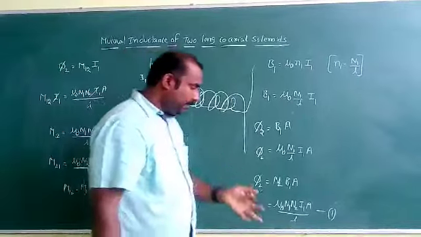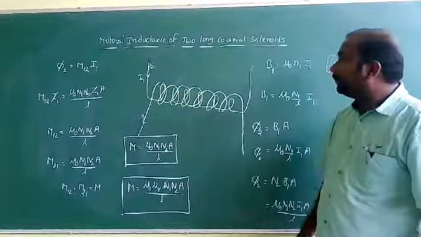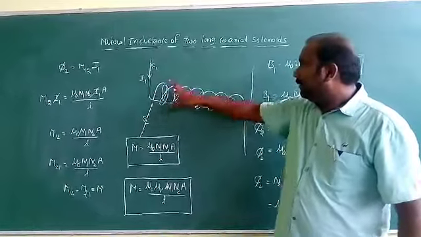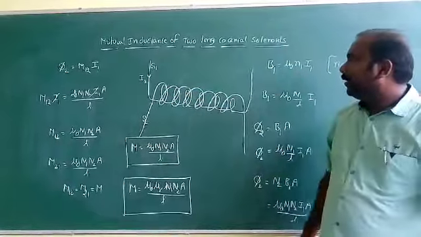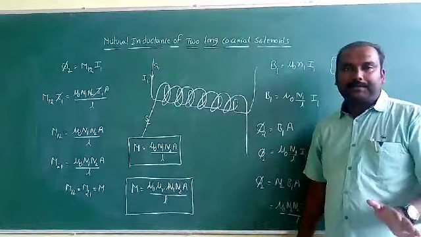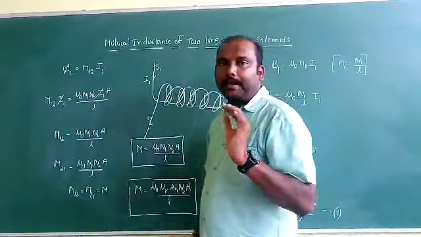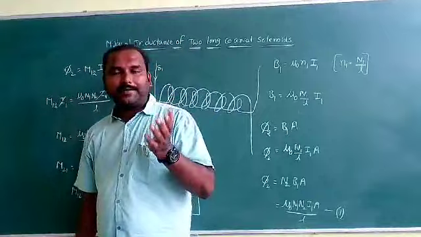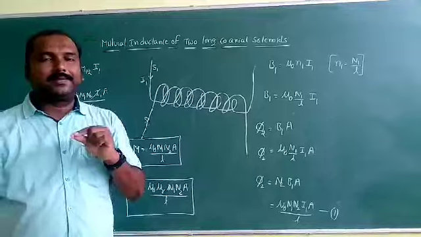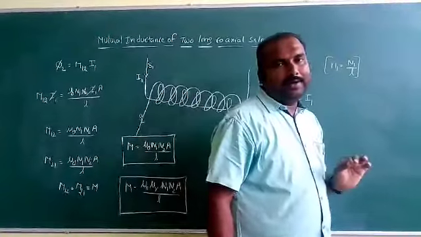Once again, all of you see the explanation. Here I am taking two solenoids, first solenoid and second solenoid, placed together like this. S1 and S2 stand for solenoid 1 and solenoid 2. Area is the same, length is the same. N1 and N2 stand for the number of turns in the first and secondary solenoids. Small n1 and small n2 stand for the number of turns per unit length of the first and second solenoids.